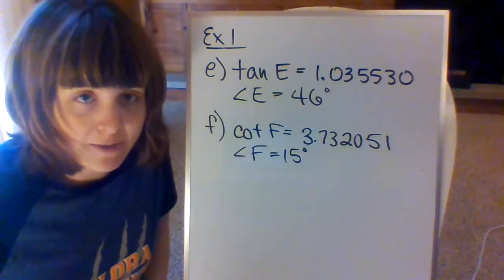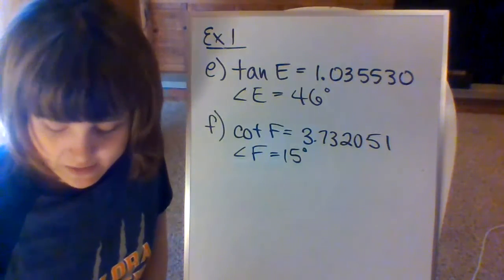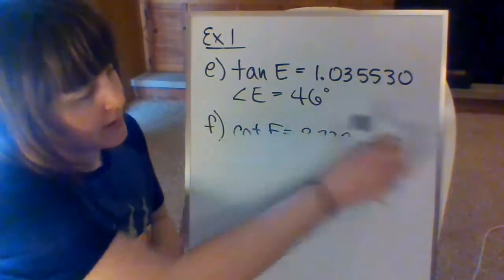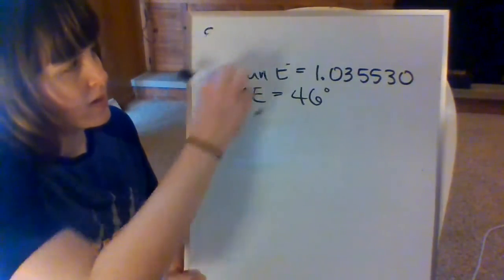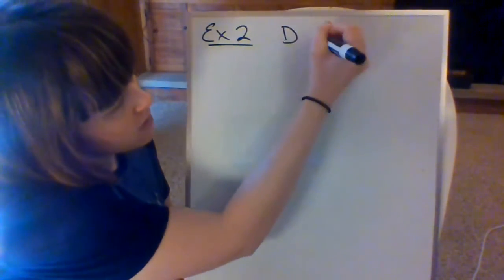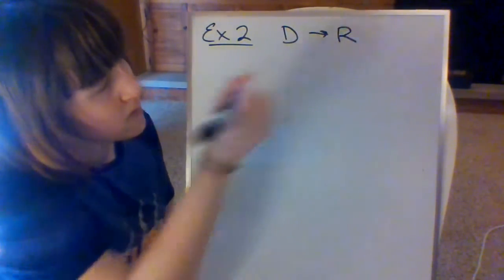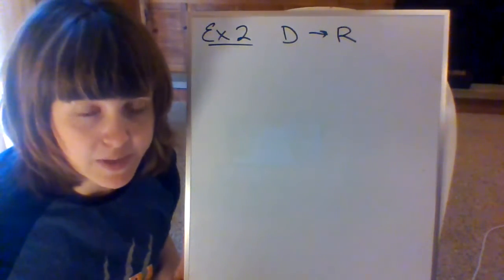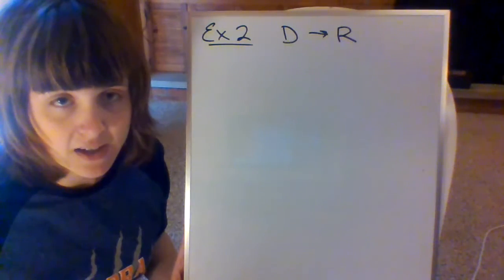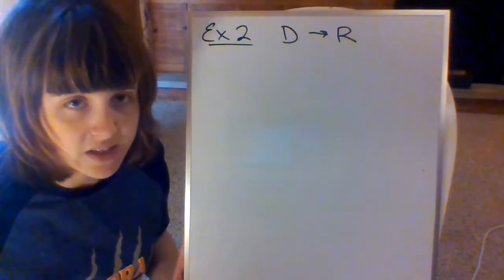Example 2, we're going to convert from degrees to radians. So we're going to see if you remember how to do that. Alright, so to convert from degrees to radians, we're going to divide by 180 and then put the pi symbol on our answer.